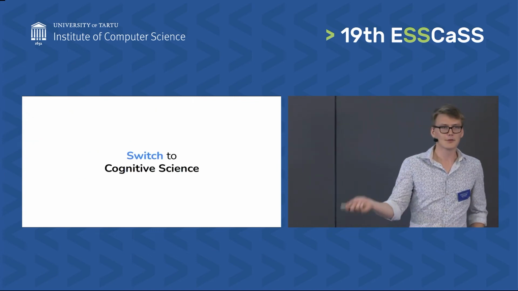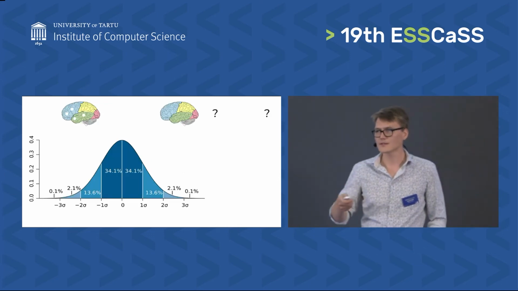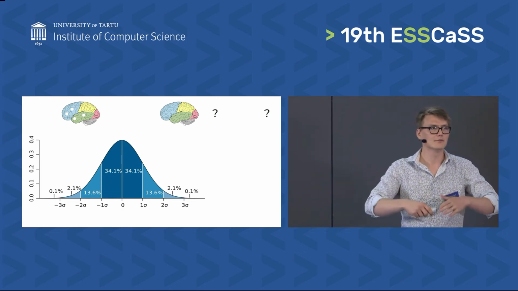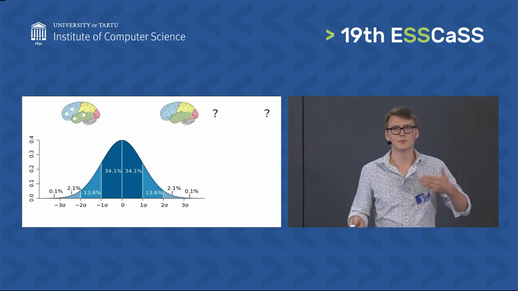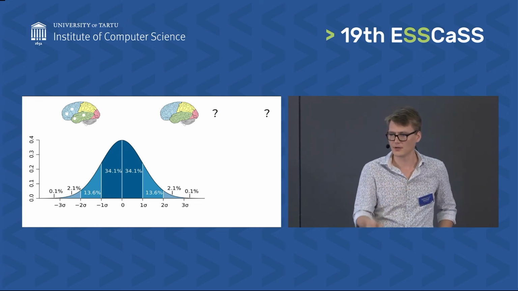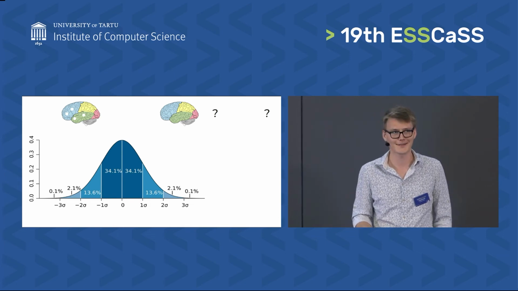Okay, so let's switch to cognitive science. So you can imagine that there's a natural variation in people's born with abilities. You can be on the lower side or a high-end hardware side.